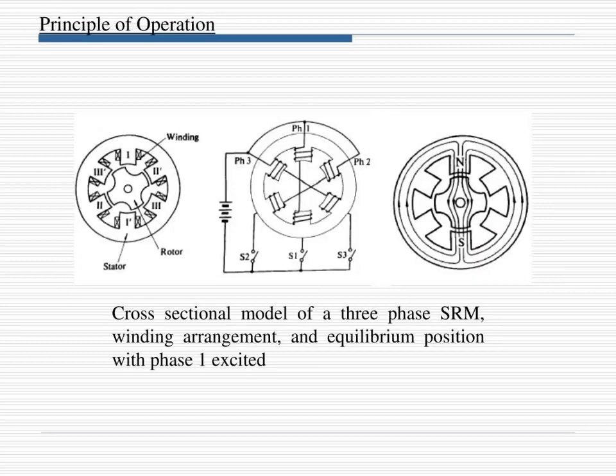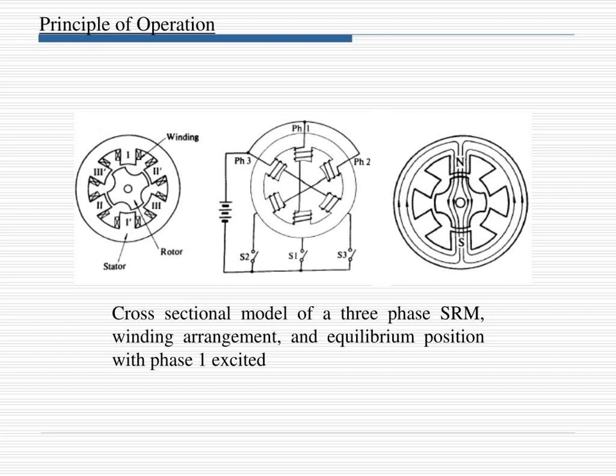Then the principle of operation of the SRM is shown, with the cross-sectional model of a three-phase SRM winding and the equilibrium position with phase 1 excited. First we can see the stator and rotor, where the windings are wound on the stator. In the second diagram, the poles are wound with a three-phase supply where switches are connected.